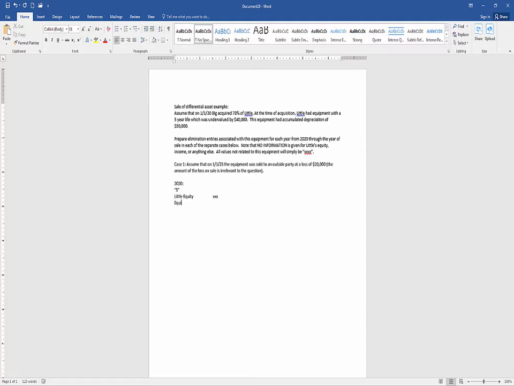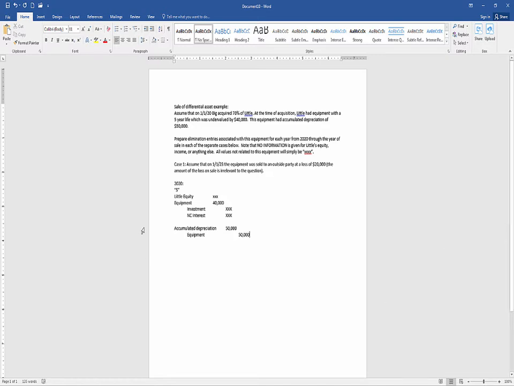One way is to increase the equipment by $40,000, against the investment for 70% of that, and the non-controlling interest for the other 30%. And then we do a separate entry to remove the accumulated depreciation. We have accumulated depreciation of $50,000, so we get rid of that and close it against the equipment account.